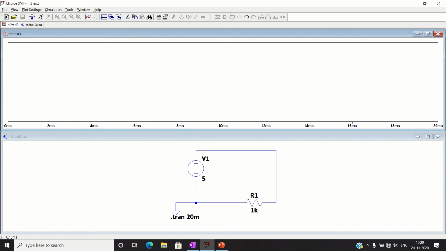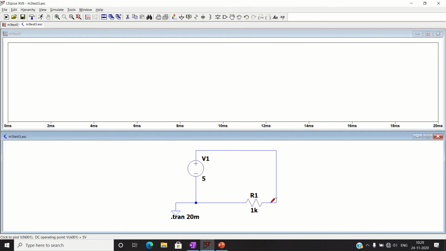Now, whatever voltage I want to plot, I can select, or whatever current I want, I can select. If you go to the bottom side and click on the schematic, you can observe a change in the cursor whenever I go close to a component or a wire. If you go close to this wire and click here, a probe comes up.